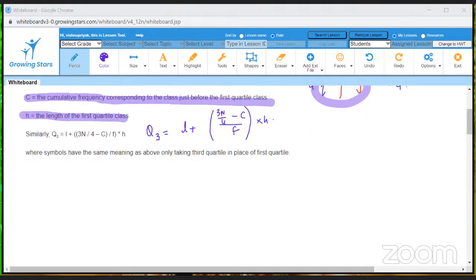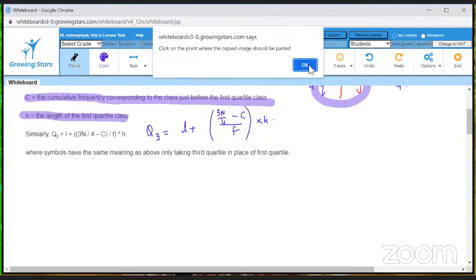Quickly we will complete mode so that we can go to problems. Now mode is also a kind of average. A kind of mean, median, but there is a different way of finding mode.